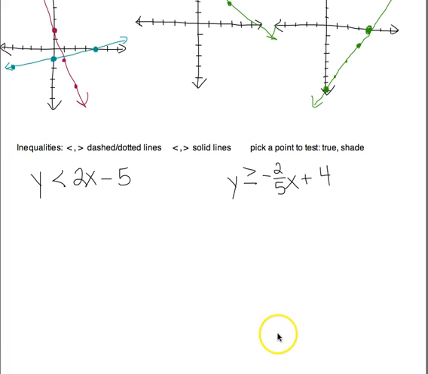The only thing that we do differently, because these are just like y less than mx plus b, I still have a slope and a y-intercept that I'm going to identify and going to use. So here, in this first example, my slope is 2 and my y-intercept is -5. So draw it on here.